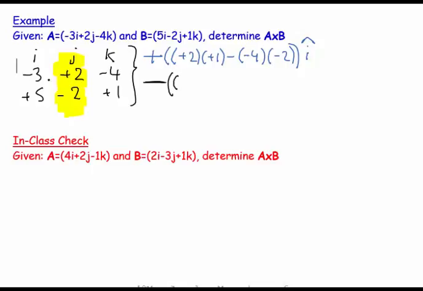And we go minus 3 times plus 1, minus 4 times plus 5. And that would be J. Let me double check. So I did that, and then I did that, and I subtracted them, but I put a negative sign in front, and that looks right.